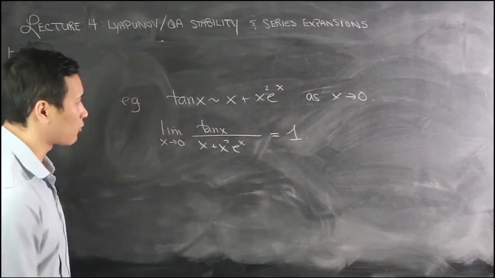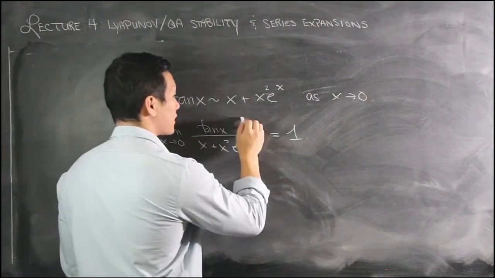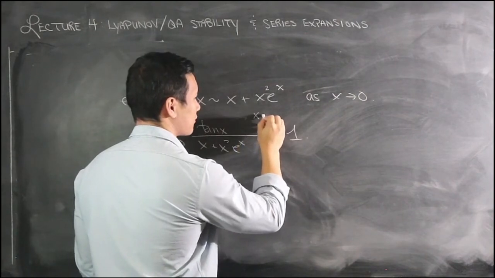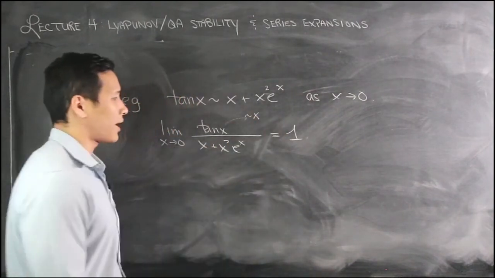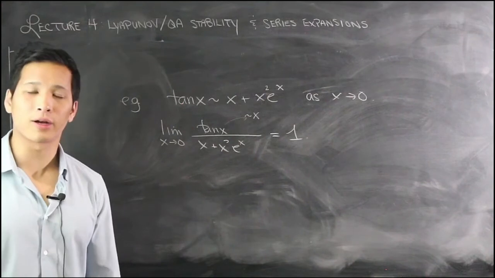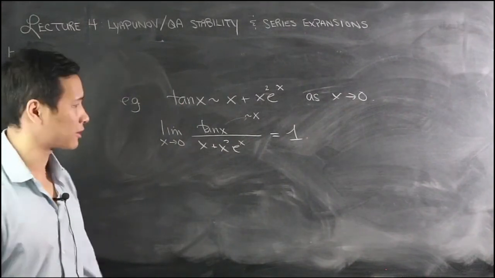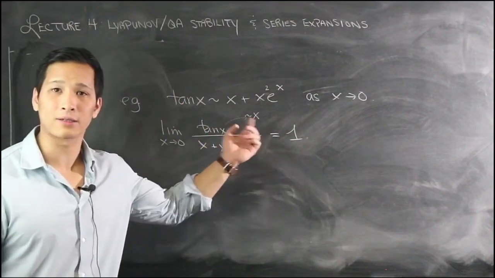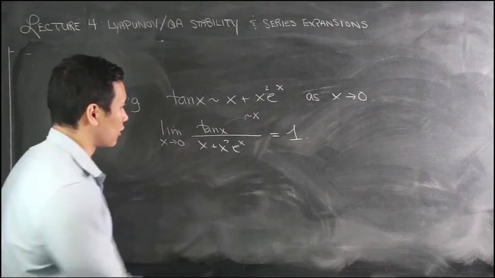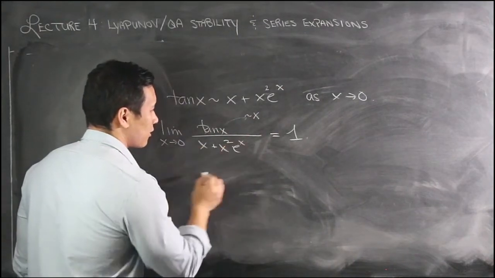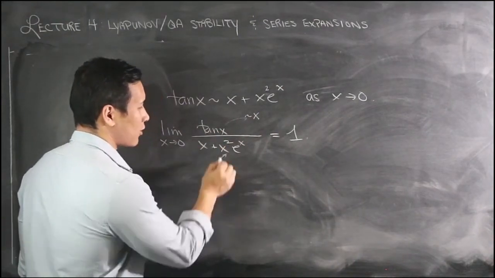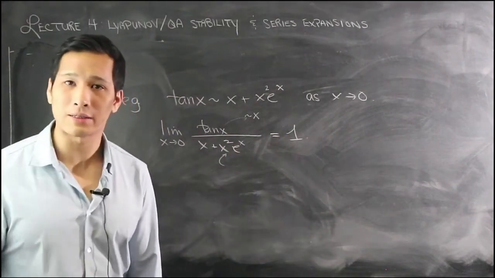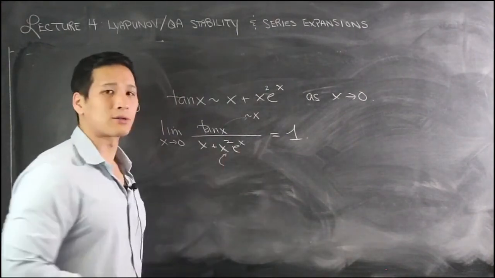How do I know that? Well, I know that tan x behaves like x, is tilde x at leading order. So the first term of this Taylor series approximation, we just stated it's like sine x, and that's like x. I also know that as x tends to 0, x squared is tending to 0, and e to the x is tending to 1.